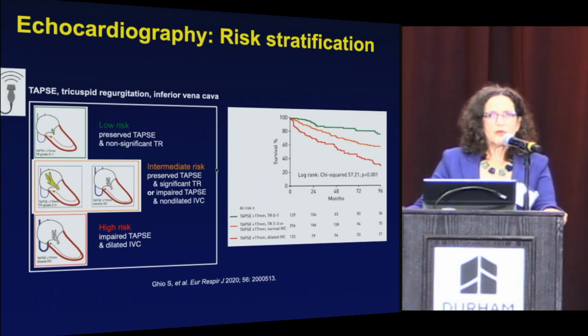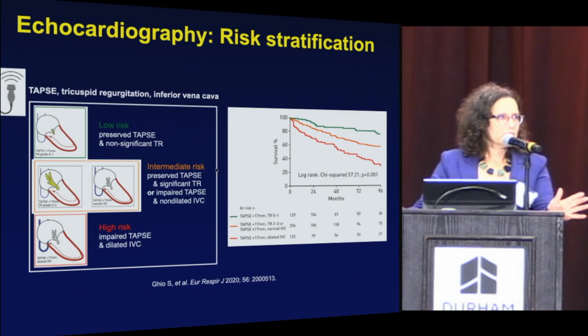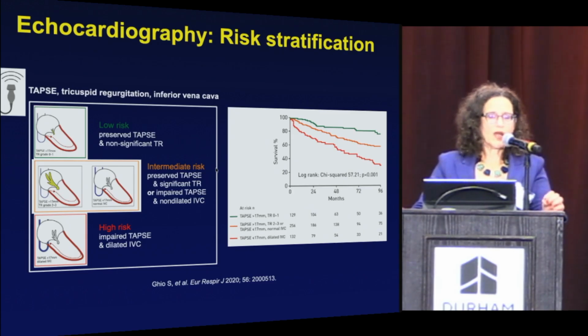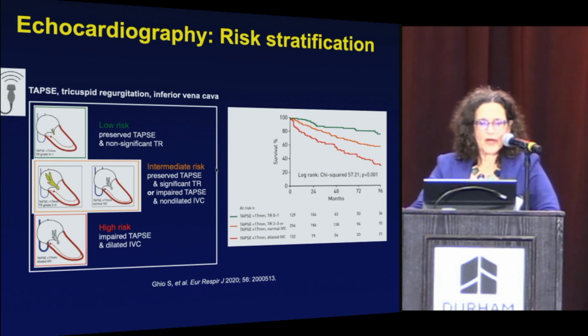Now, hemodynamics are great. The French have easier access to them. Many of us have easier access to echo. So there is more and more emerging data on the use of echo to complement risk stratification. So this is data from the Europeans looking at preserved TAPSE. So the things that are important: TAPSE is important.